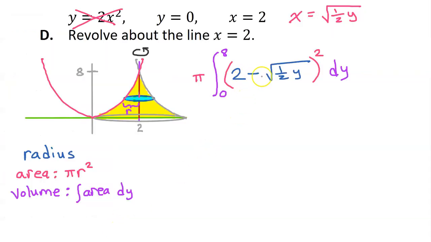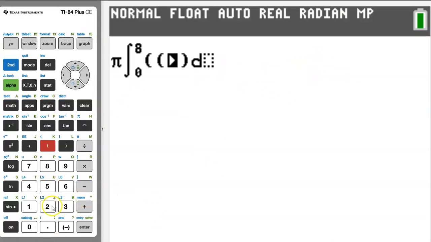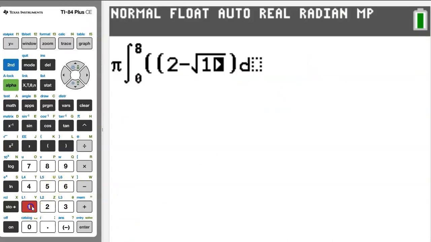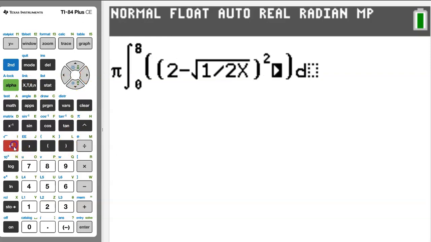So I will do 2 minus the square root of 1/2 x. Then come out of there and close the parentheses so that we can square it. And then all we need is the dx.